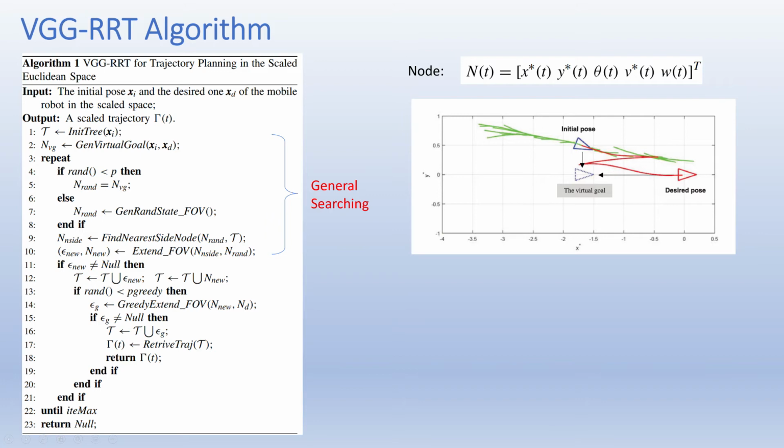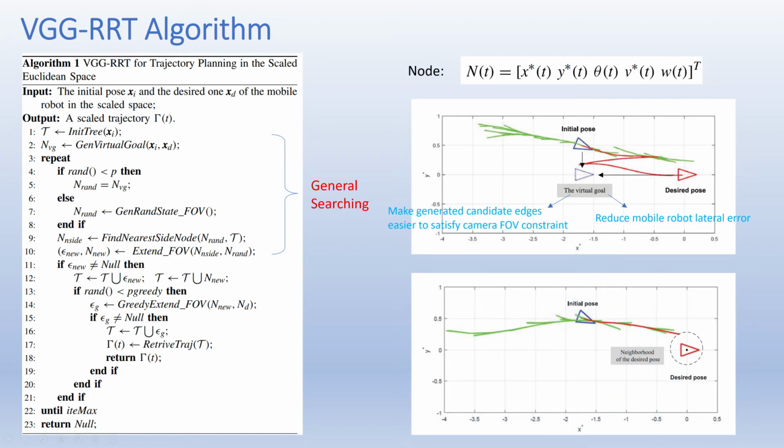So there are two arrows showing this. Also, the benefit of generating the virtual goal is, first, to make generated candidate edges easier to satisfy the camera field of view constraint. And second, we reduce the mobile robot lateral error, which I will talk about a lot later.